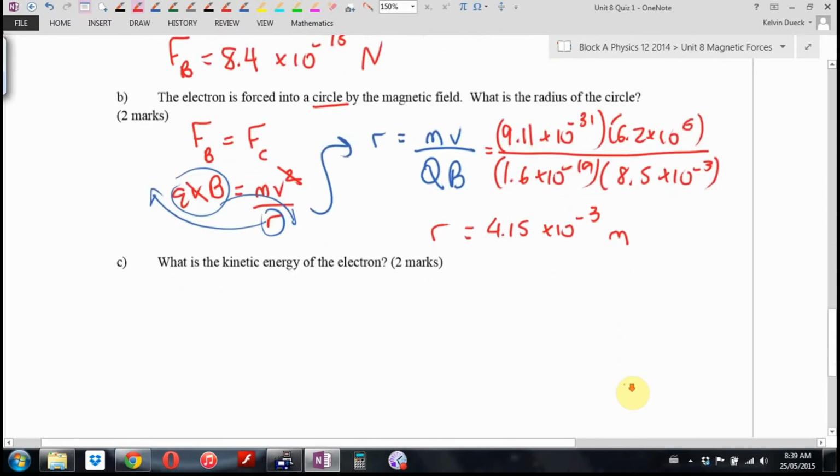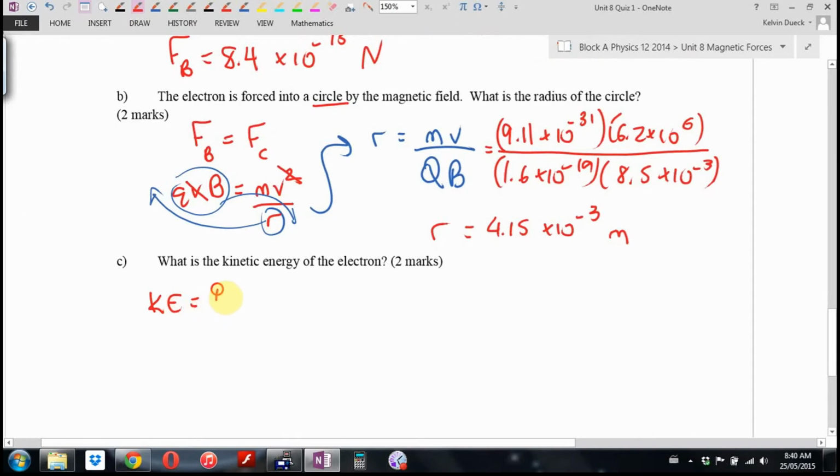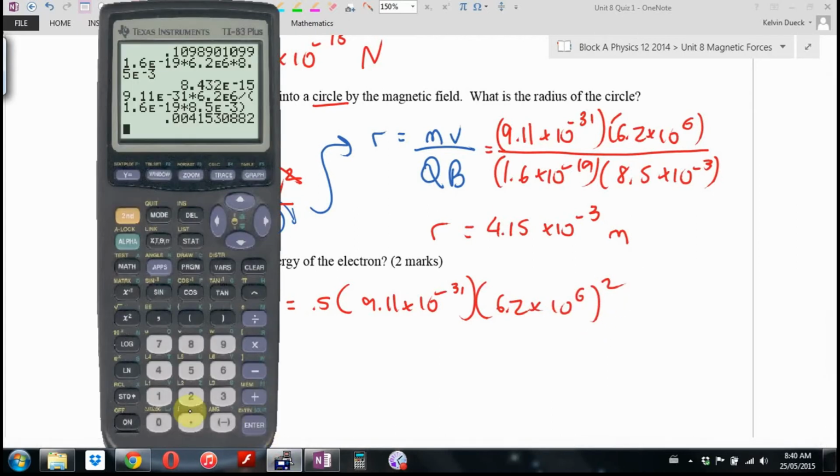What's the kinetic energy of this electron? Hey, you know what? That hasn't changed since Physics 11. Kinetic energy is a half mv squared. It's going to be a half m, 9.11 times 10 to the negative 31, V, 6.2 times 10 to the 6th. My Physics 11s wrote their energy test yesterday.